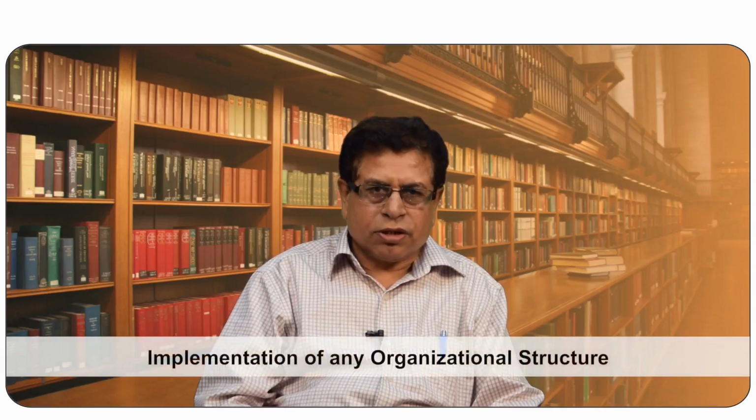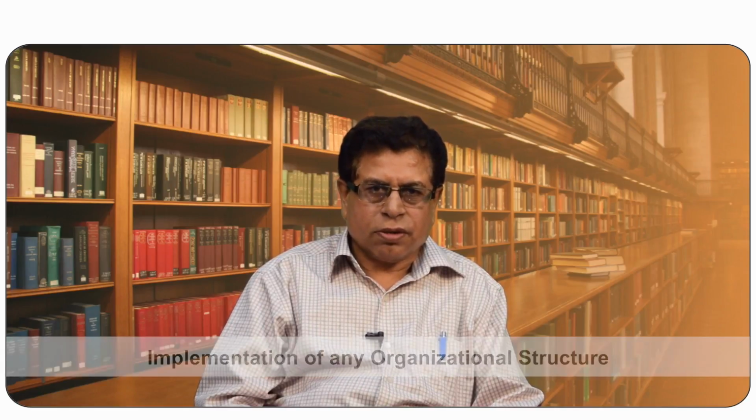Before we actually proceed for the implementation of any organizational structure, the library, some effective guidelines have to be prepared. These are best understood in terms of principles of organizing. The key activities should be clearly defined and grouped on some logical basis.